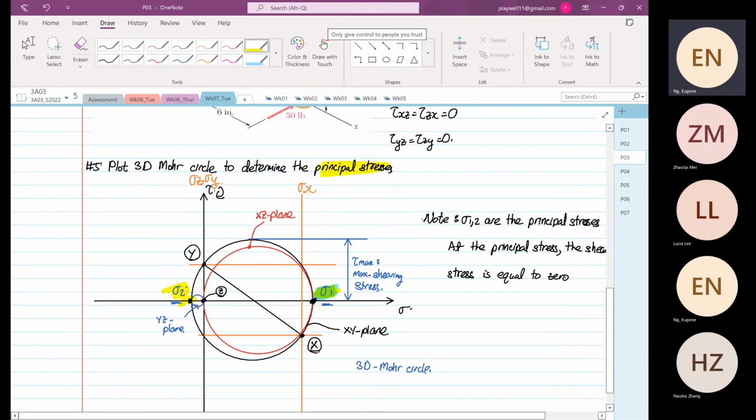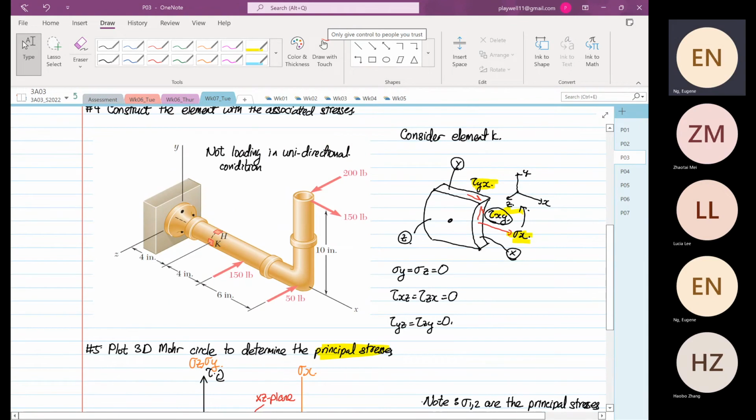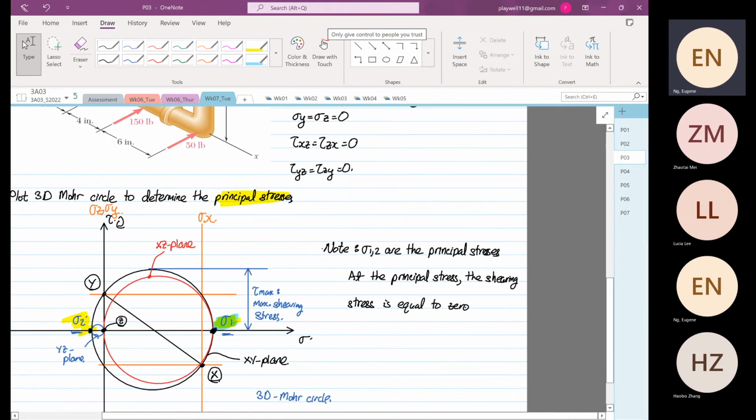Then we can compare with our material handbook, because this principal stress that you calculate over here is based on a non-uniaxial direction loading condition. And then you compare with the unidirectional loading condition, the principal stress. The common thing is this: at the principal stress location, the shearing stress is equal to what? 0. That is the only common thing.